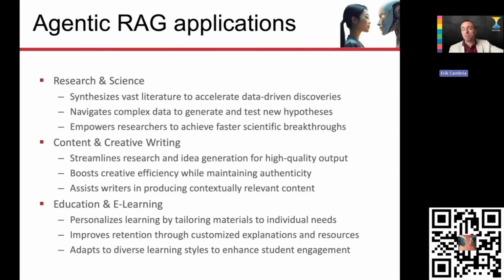Research and science, of course, when every research question is a very complex and multifaceted problem to address. Content and creative writing also can be useful to look at the different facets of creativity that eventually come together to create a work of art.